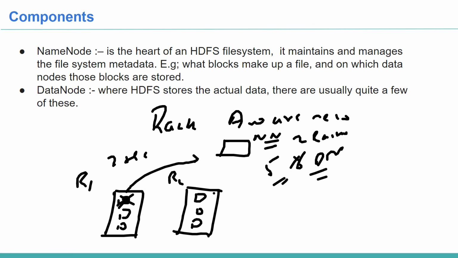So each data node sends a heartbeat. Heartbeat may be like a simple call. If it is receiving the heartbeat from each of the nodes every 3 seconds, it knows that, okay, this node is healthy because I just received some communication from data node 1, or we received the communication from data node 2.